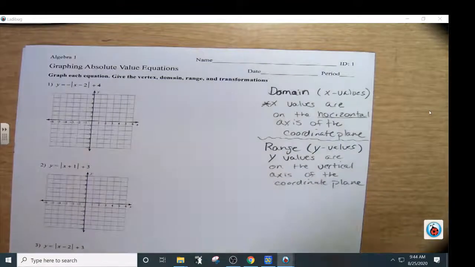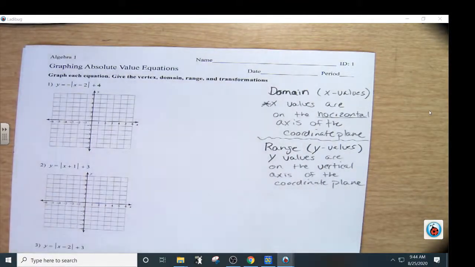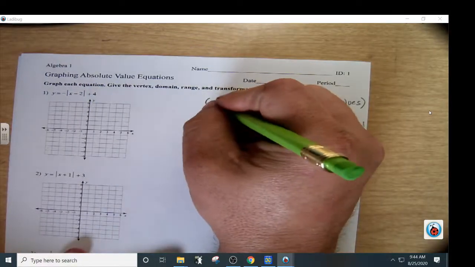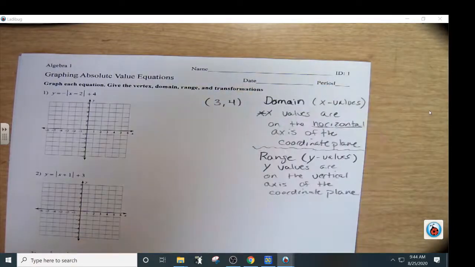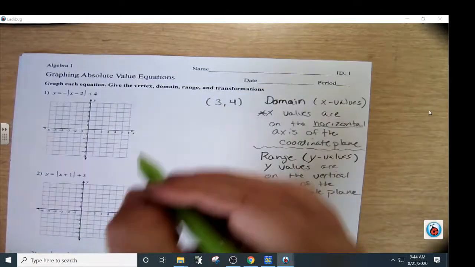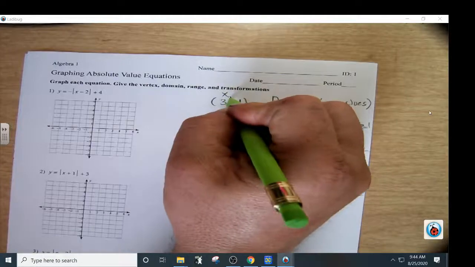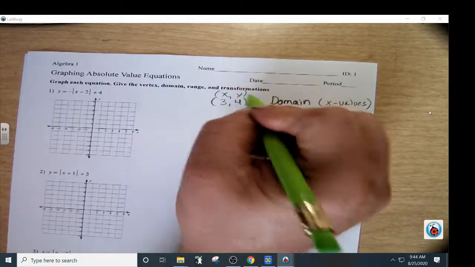Y values are on the vertical axis of the coordinate plane. Guys, going all the way back to when you were in 6th, 7th grade, when you were plotting points for the first time, the teacher said if you were given a point, say you're given a point, everybody knows that's x and y, right?